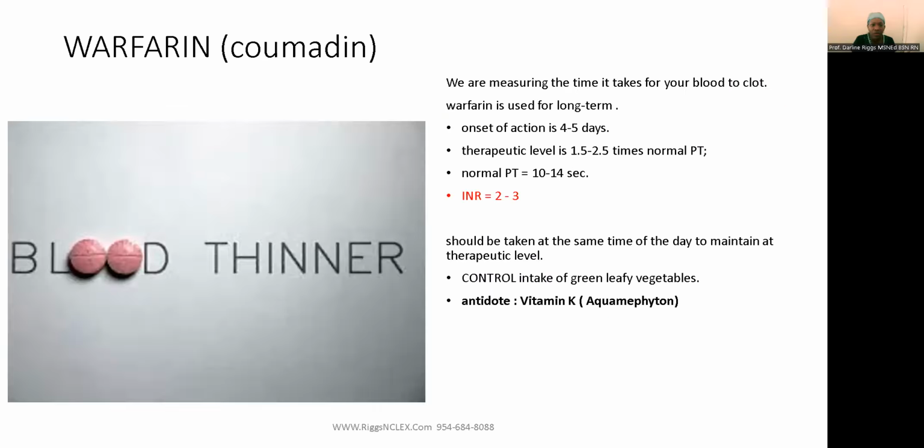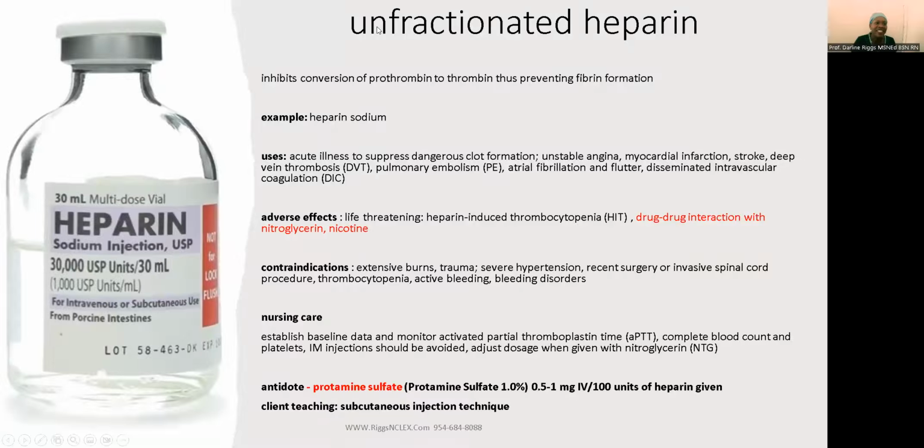All right, now let's go back to our regular heparin. Just to recap, you're familiar with heparin sodium. We use it for a number of reasons, because we're talking about angina and MI. We would use it for stroke clients, DVTs, pulmonary embolism, atrial fibrillation and flutter, which we talked about before, DICs.